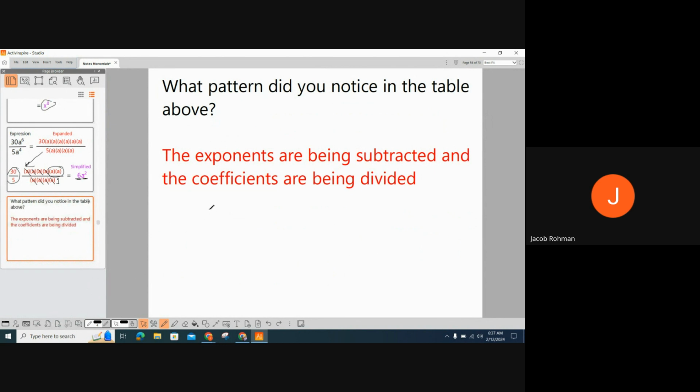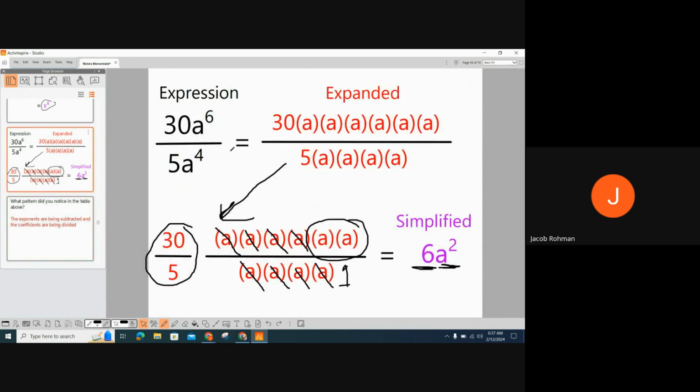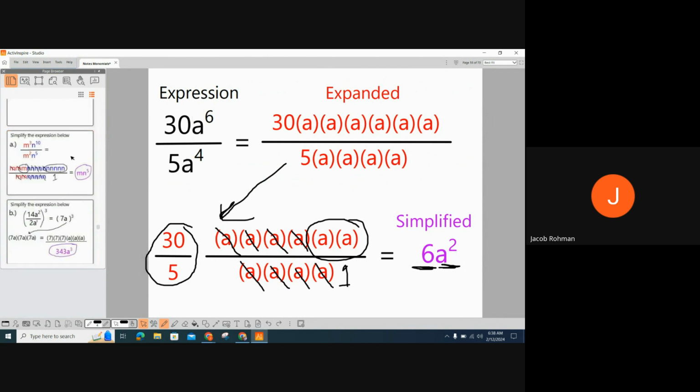Well, the exponents are being subtracted and the coefficients are being divided. So notice if we took a to the 6th minus a to the 4th, that's 6 minus 4, which gives us this 2 here. And then we took the 30 divided by the 5, that gave us the 6 here. So that's a practical application there.